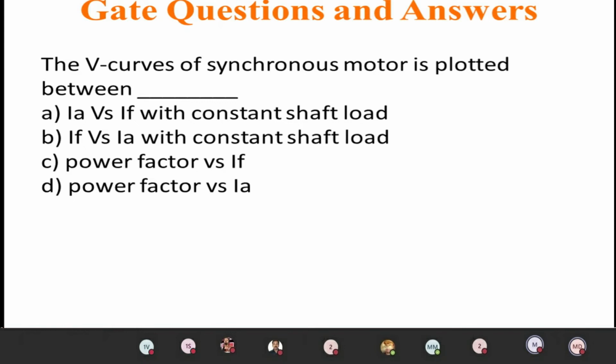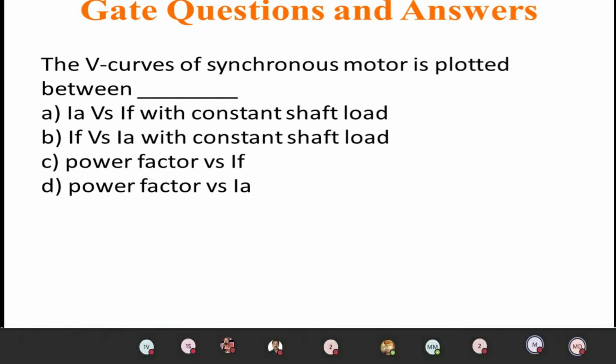So what is power factor? A machine which absorbs reactive power is at lagging power factor. A machine which delivers reactive power is at leading power factor.